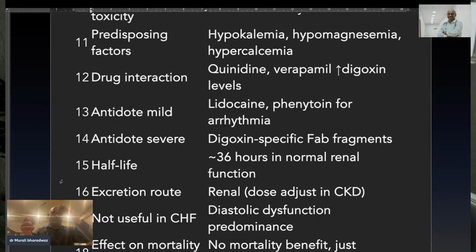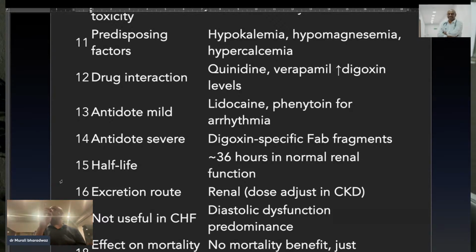Whenever there is hyperkalemia, the first thing that we give is calcium gluconate, then we give insulin plus glucose. Insulin will decrease the potassium levels, calcium will protect the heart from getting arrhythmias because of hyperkalemia. Common in renal failure patients, hyperkalemia is there.